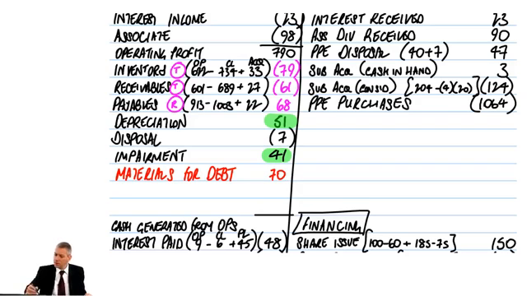And I'm going to highlight it in green because I'm reinforcing this idea in depreciation. What do we do with depreciation? We add it back to remove its effect. What do we do with the impairment? We add it back to remove its effect. Why do we do that? Because both of those are costs, they are charges, but there's a 0 cash flow. And the same is true for the materials for debt. Materials usually are a cash flow.